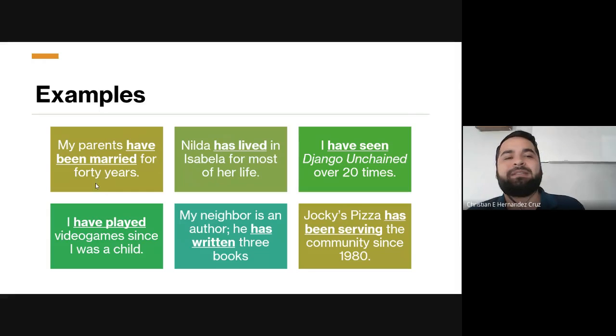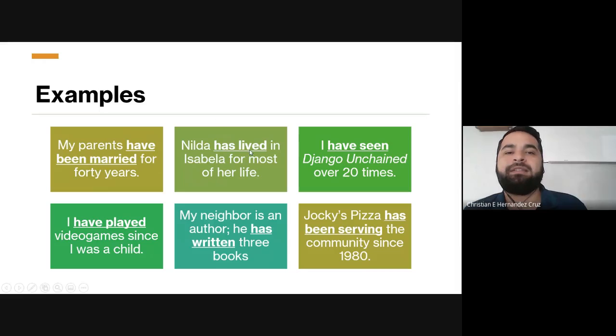What really makes this tense present is the auxiliary have. Been is pretty much the same. So the fact that we use have instead of has, that's what makes it past versus making it present. So my parents have been married for 40 years.